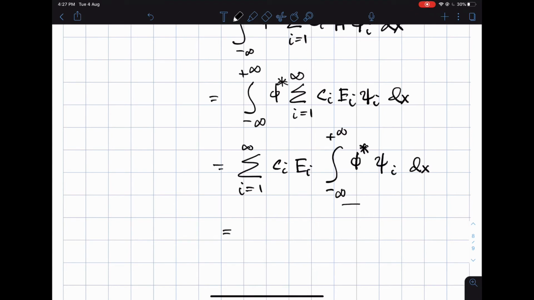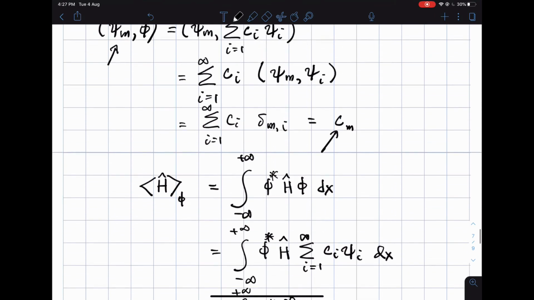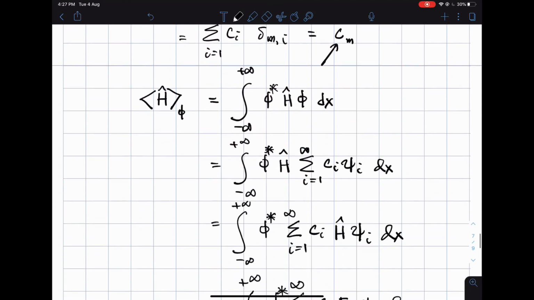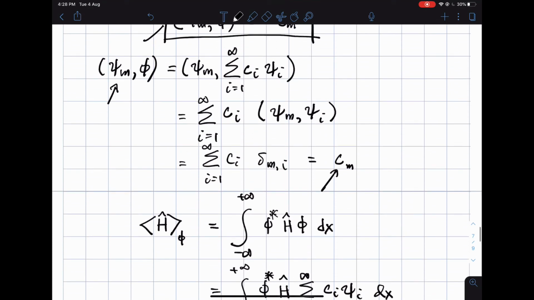but we know what this thing is. We derived it previously, over here. This thing is the inner product between psi i and phi. Remember that the inner product of psi i with phi is Ci.